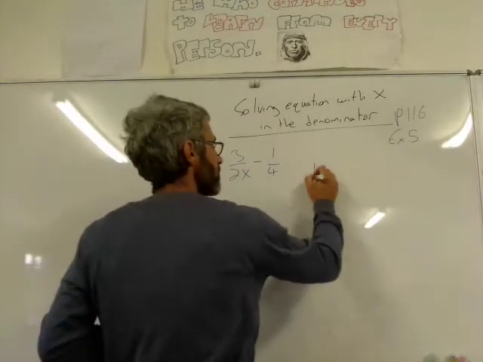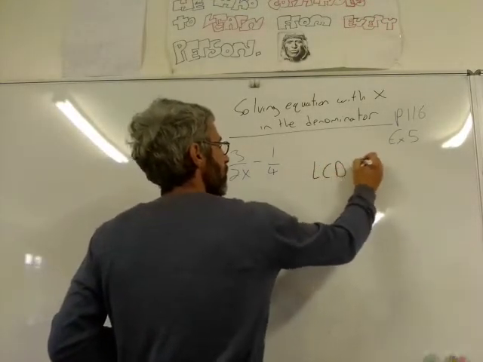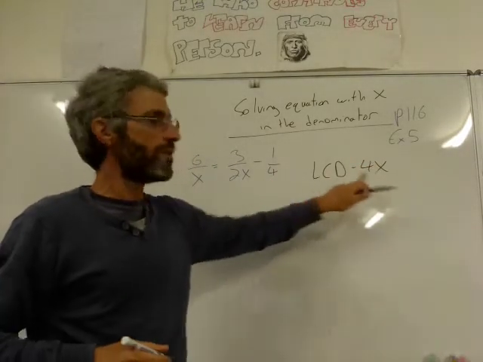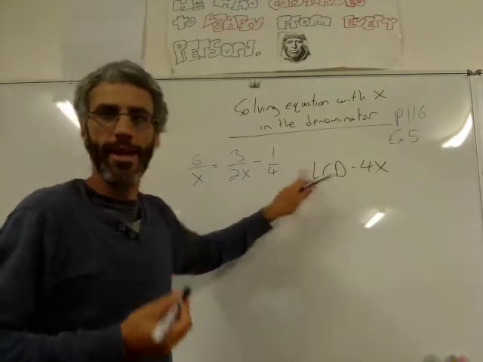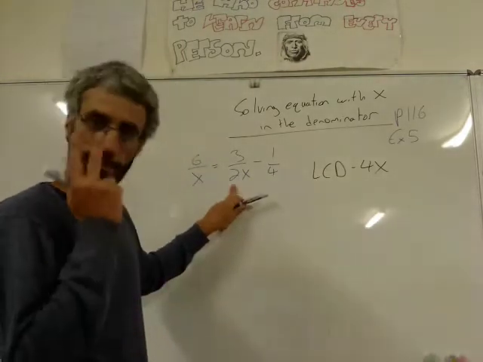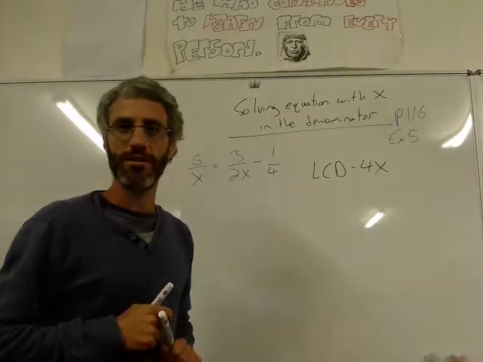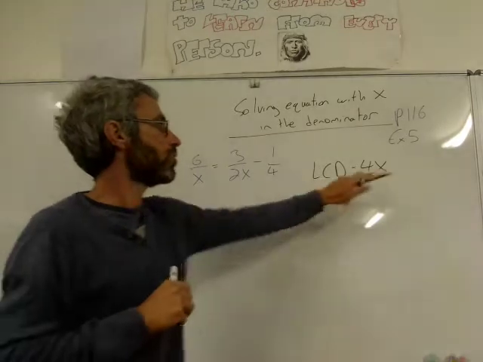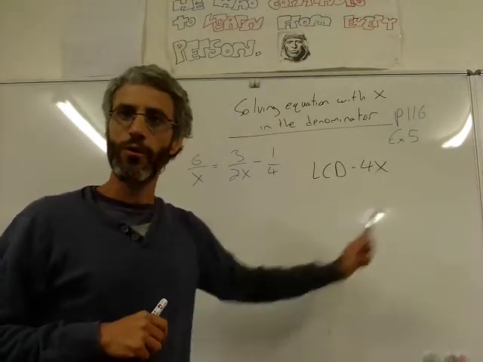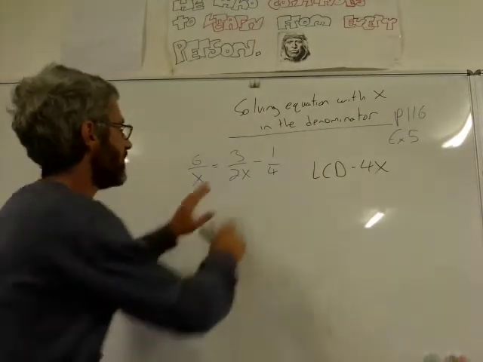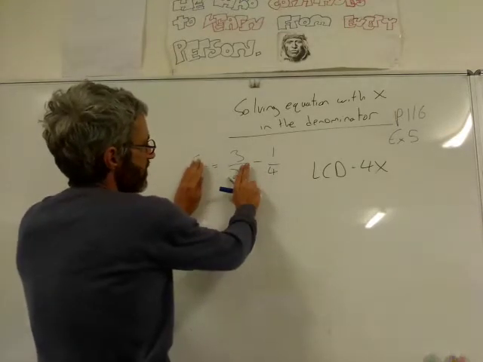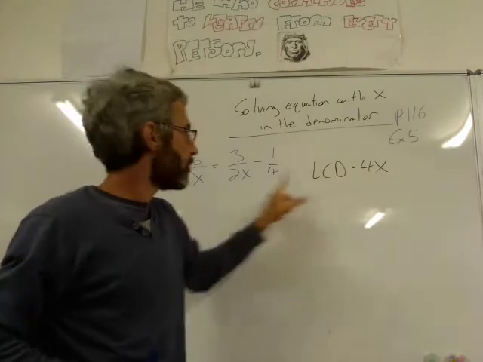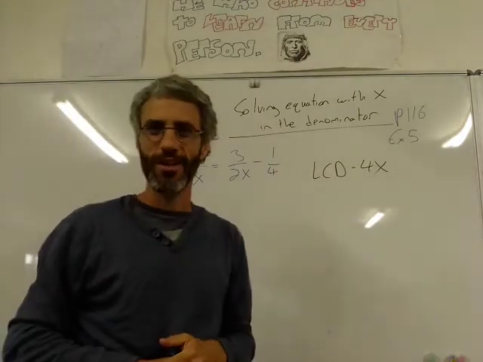The answer will be 4x, because obviously 4 fits in 4x: 4 times x is 4x. 2x times 2 is 4x, so 2x fits in 4x as well. x times 4 is also 4x. So 4x is the lowest common denominator. If we didn't have the x, just the 2 and 4, then the lowest common denominator would be 4. Because we also have x, it's 4x.